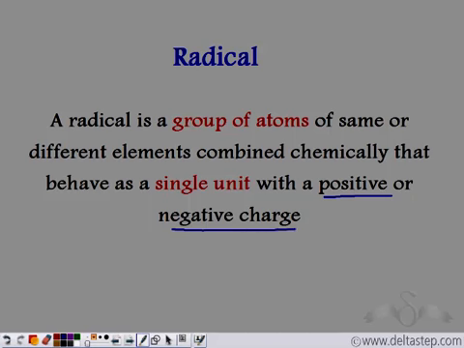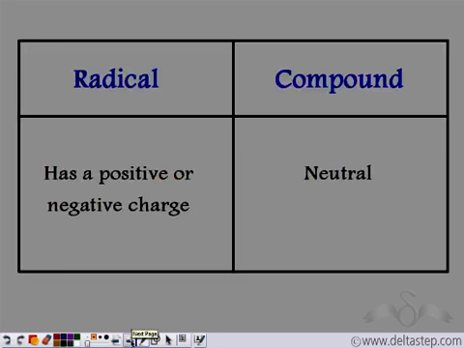Radicals are a group of atoms of the same or different elements combined chemically, which act as a single unit, and they have a positive or negative charge. But compounds are groups of atoms which may be of the same or different elements. They are also combined chemically to act as a single unit, but they are neutral in character. So radicals have an overall positive or negative charge, and compounds are neutral.